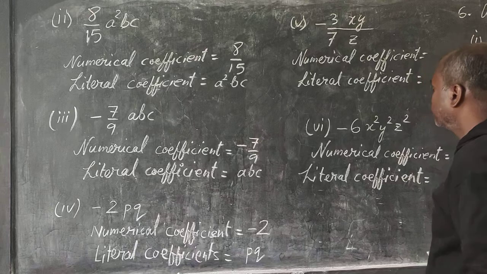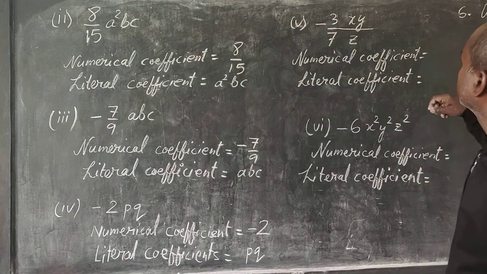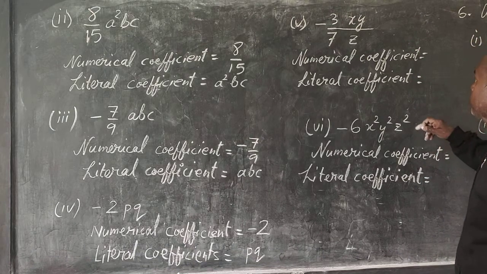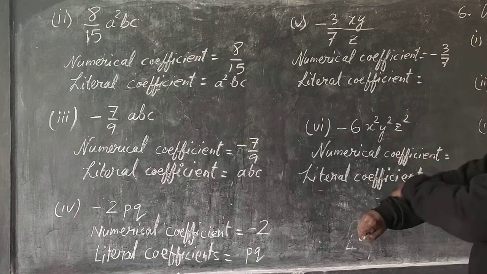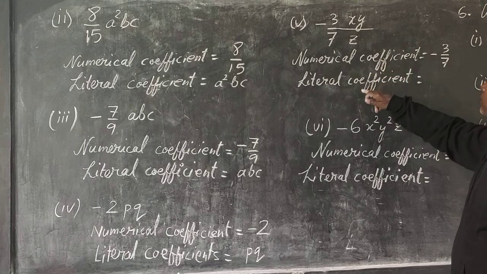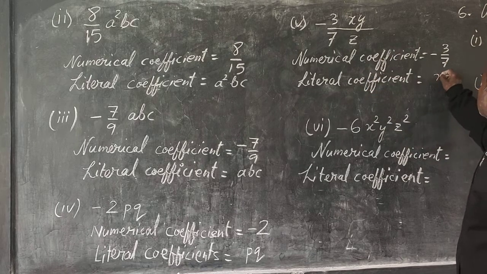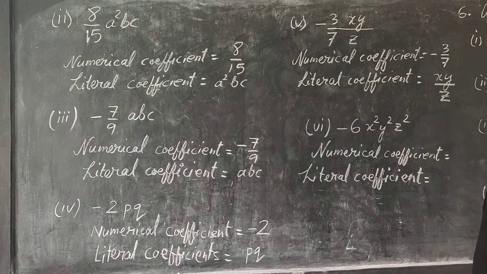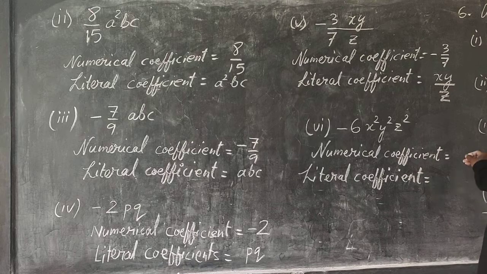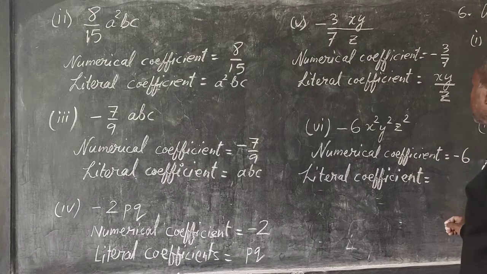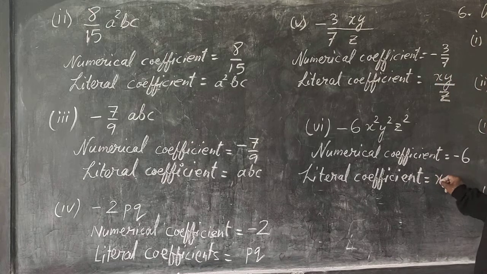Coming to the fifth part, here the number is minus 3 by 7, and the literal coefficient is xy divided by z. Okay, I hope you understand. And the last one, the number is minus 6, and the literal coefficient is x square, y square, z square.